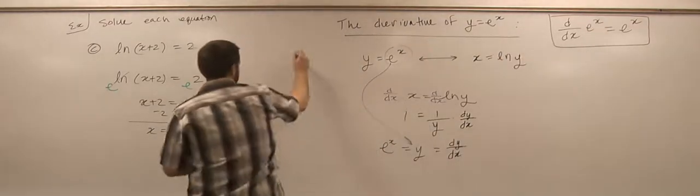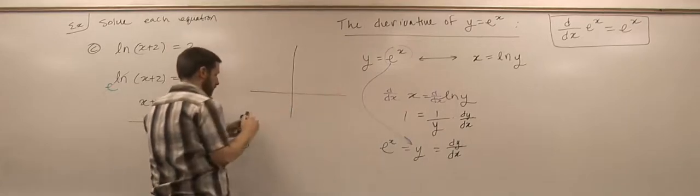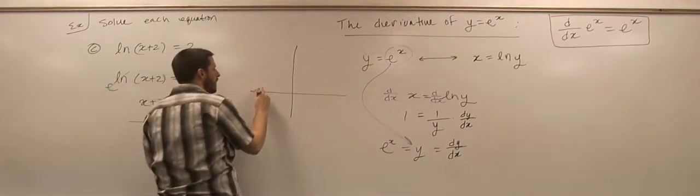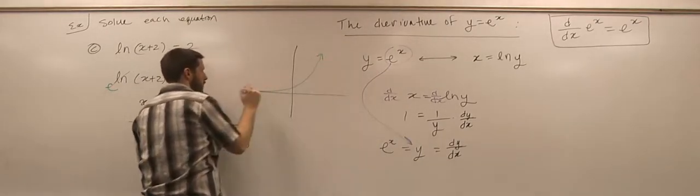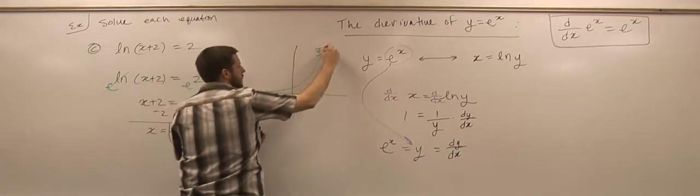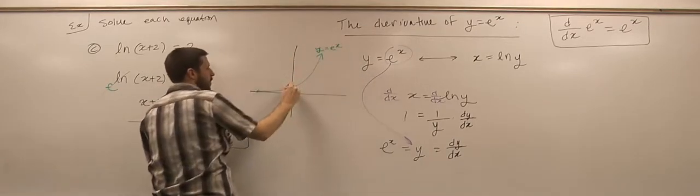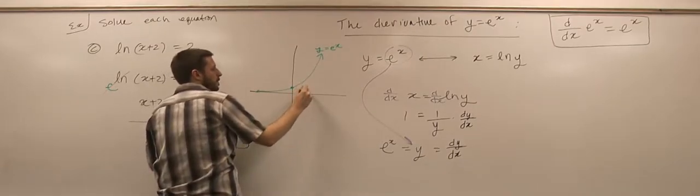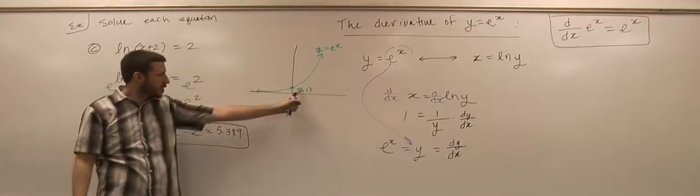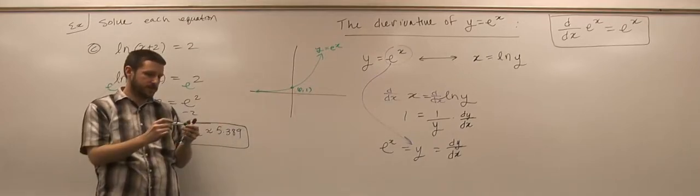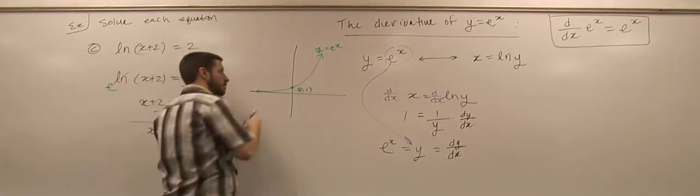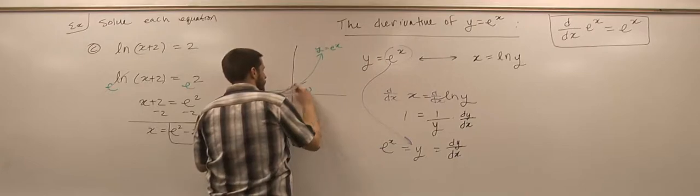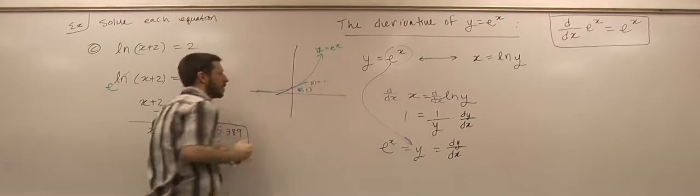Right, on your graph, if you know the y value, you know the slope. So for example, here's e to the x. What's this point? What's the y-intercept? 0, 1, right? So e to the 0 is equal to 1. What's the slope here? 1. The slope of the tangent line is 1.